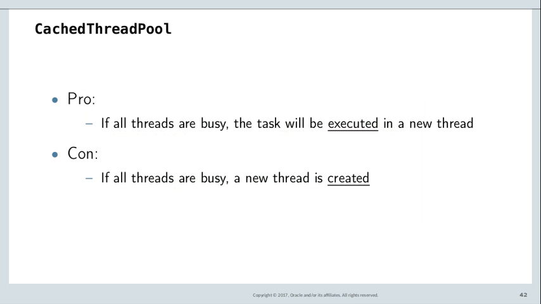In the situation where all threads are busy, a new thread will be created. As an advantage, it allows you to get your task executed immediately after submission, even if all existing threads are busy. But it means that a new thread will be created, and creation of a new thread could be expensive in some conditions.